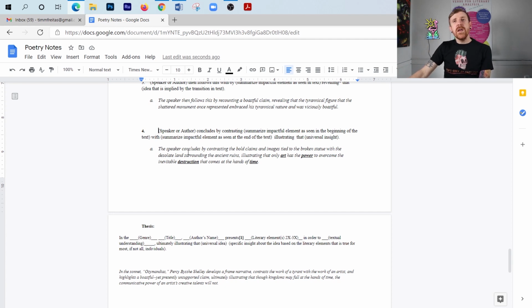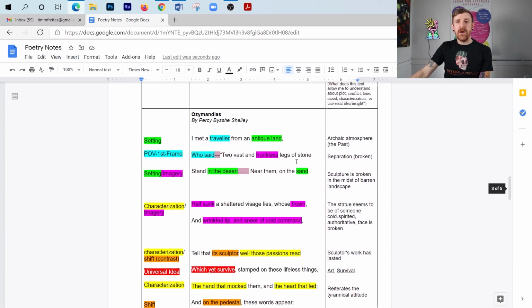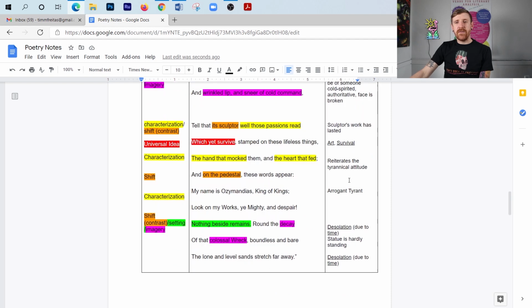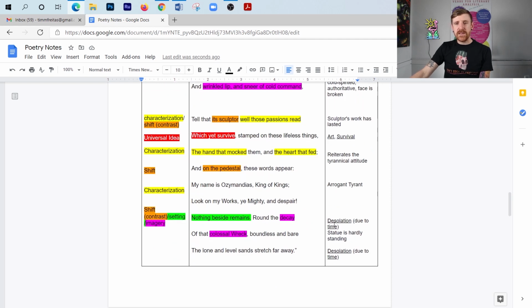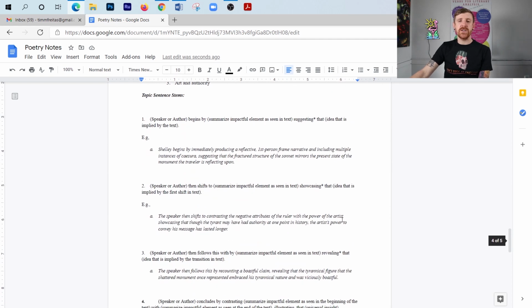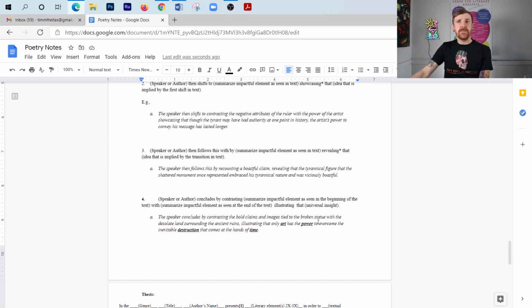So now, here's where I'm going to look at my notes and say, okay, this is about art and survival and time and desolation and destruction. I should see that here. Oh, and about power, too. So we have, the speaker concludes by contrasting the bold claims and images tied to the broken statue.